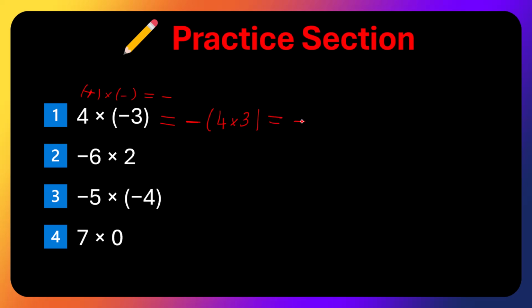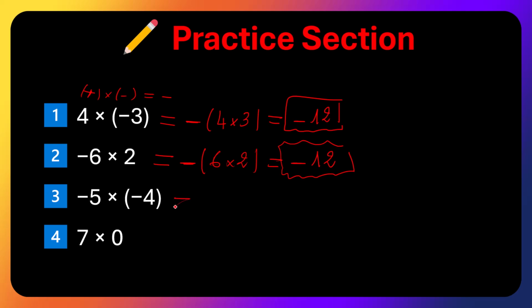The result is minus 12. The second one, we use the same rule because here negative is multiplied by positive, so we keep the sign negative and multiply the numbers. 6 multiplied by 2 equals minus 12, the same result.